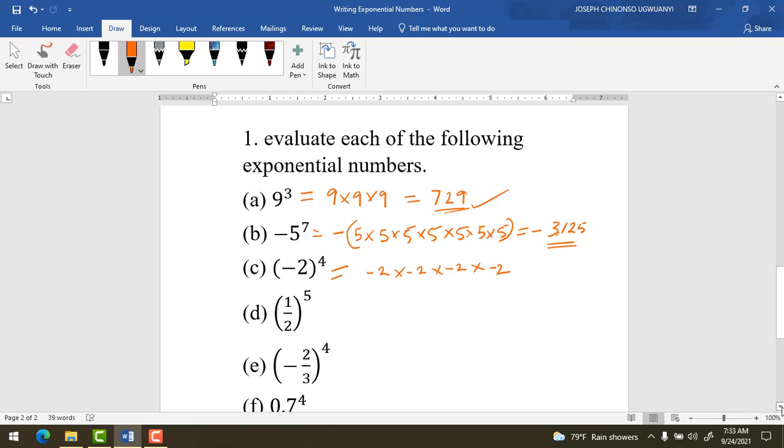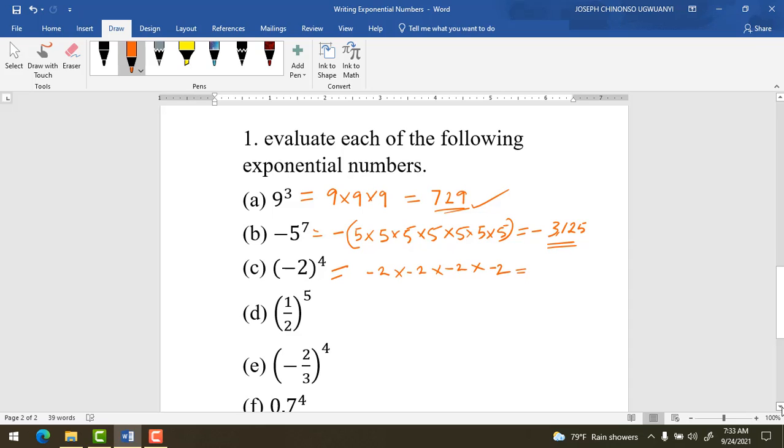Now exponent 4. If the exponent, or the power, is an even number, then the whole thing is going to amount to positive. If the exponent is an odd number, then we are going to have minus at the end.